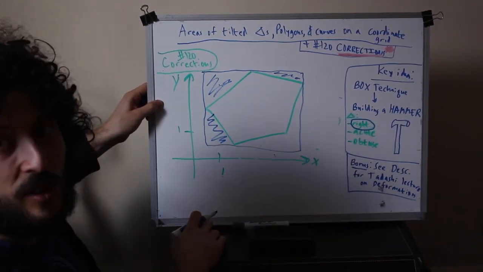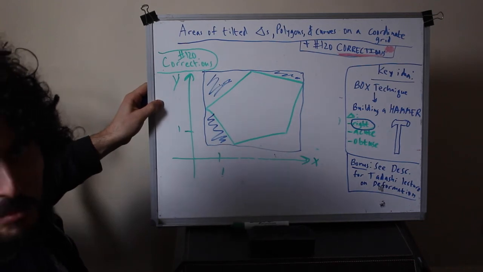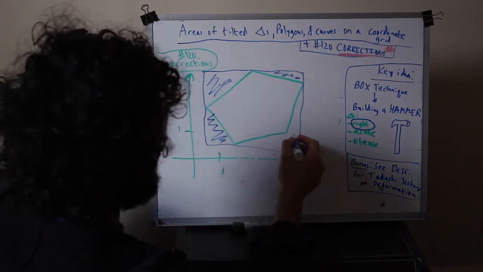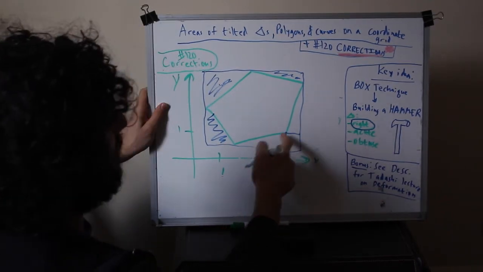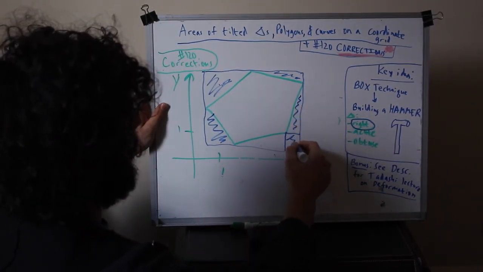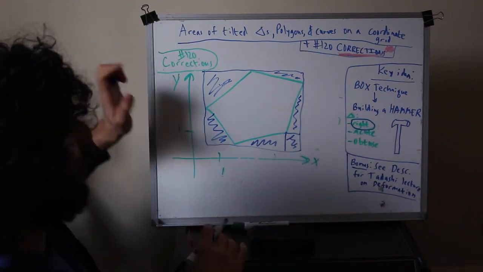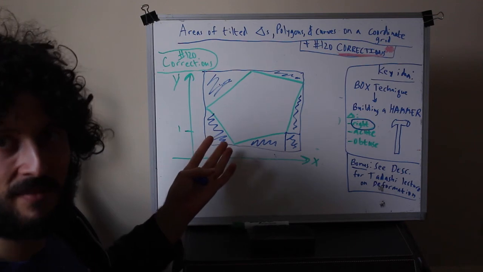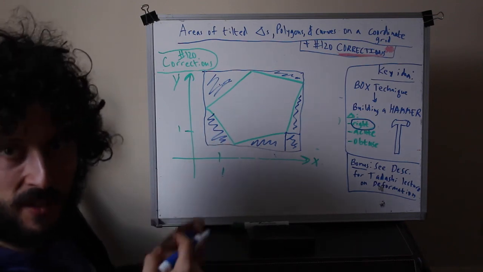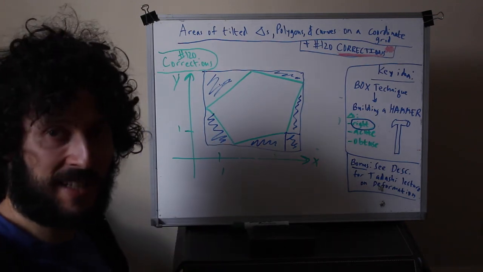And this looks weird, so we're going to have to split that into 2 non-weird shapes. So why don't we do this? Make a little rectangle here, 2 triangles. So there you go. So by working backwards, you can find the area of any polygon in 2D on a coordinate grid. So this is a very, very powerful technique.